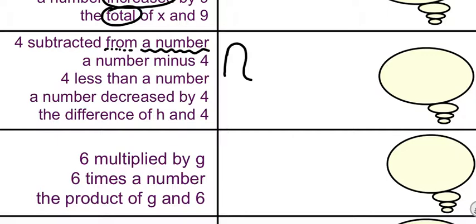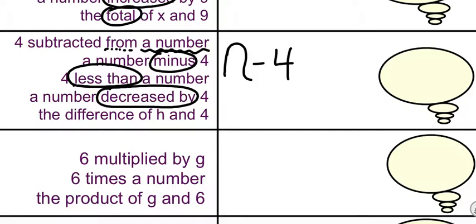I'm going to stick with n for number. And now I need to take 4 from that. Subtract 4 from a number. Again, as I move down the list, I have minus, that's another word. Less than is another word to signify that I was subtracting. Decreased by, and difference.